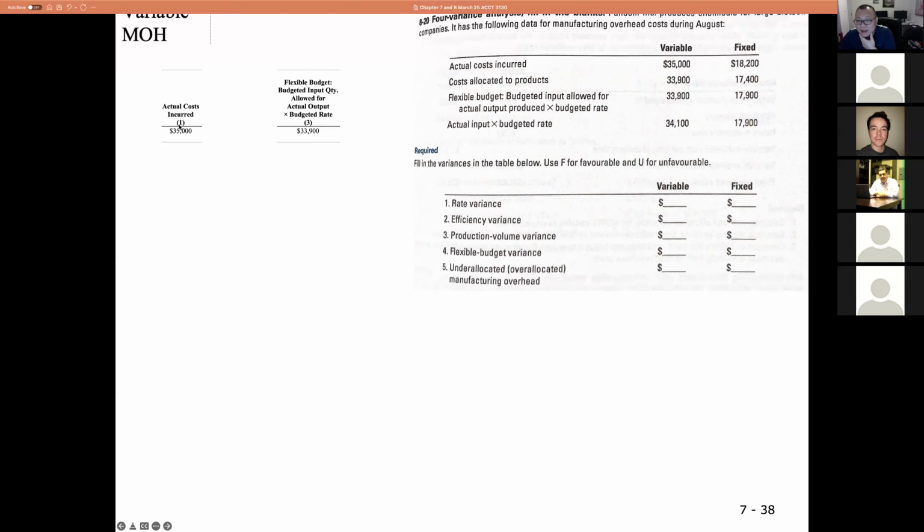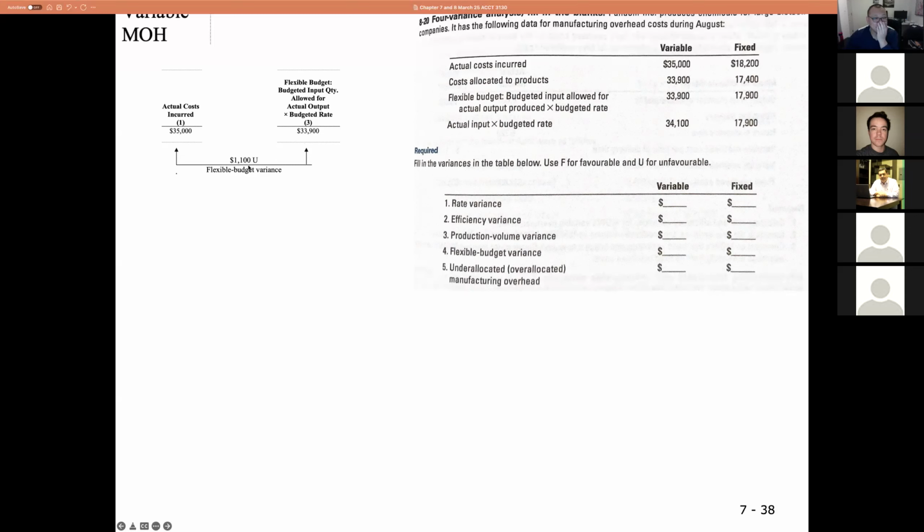If I use 1 minus 3, what is the name of the variance? Flexible budget variance. Okay, so when you compare your flexible budget versus the actual cost, this is your flexible budget variance. And the difference is 1,100.